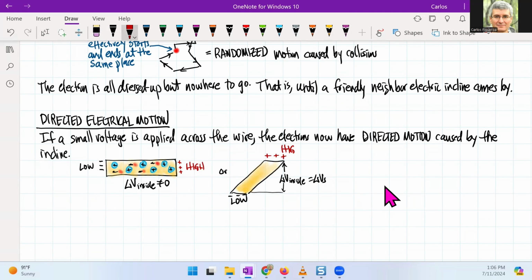So now charges could start moving. So if I start to look at these charges, I have to draw in my copper ions. And at the same time, I have to draw in my charges. So now as this thing is moving down, we see that we have motion. There's a net motion now causing these guys to go down the incline.